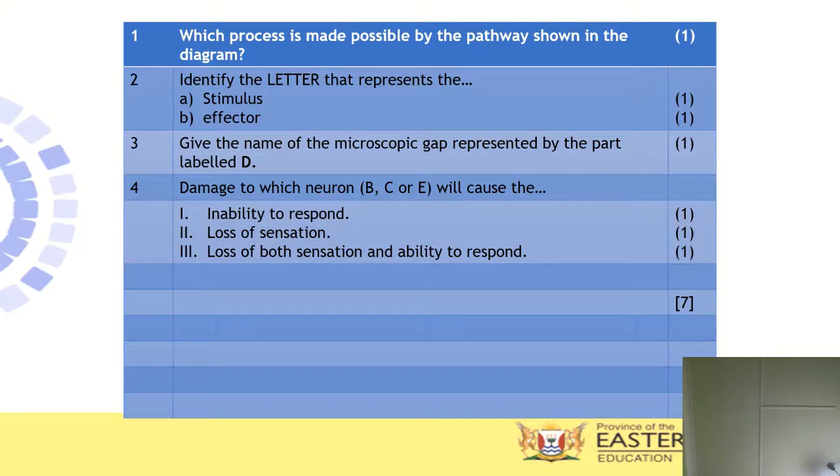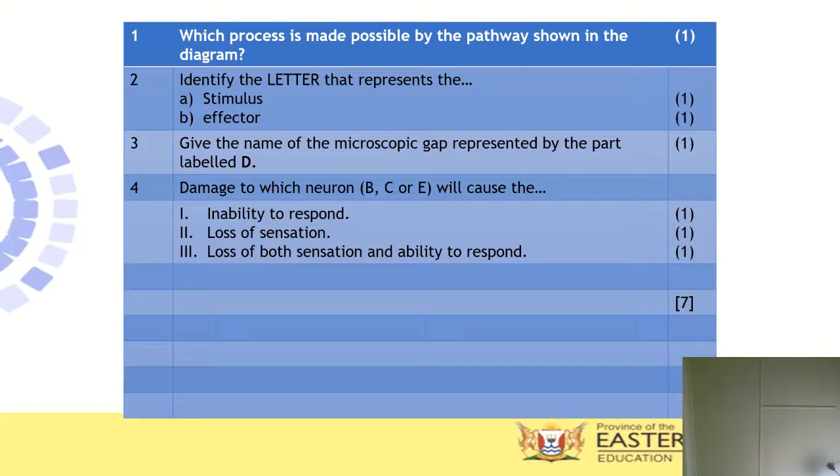The last question here says, damage to which neuron, meaning B, C, or E, will cause, number 1, inability to respond. You have the diagram there. B, you will agree with me, should be the sensory neuron, because you can see it runs across the dorsal nerve root. Let's understand our labels here.